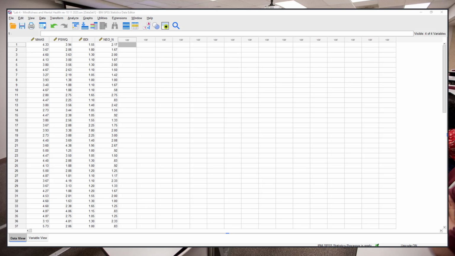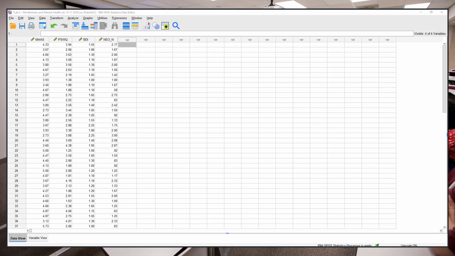And then we have a variable called NEO-N, and that stands for the neuroticism measure, right? And so we want to see if we can create a predictive simple regression model to predict how neurotic a person might be based on their level of trait mindfulness.